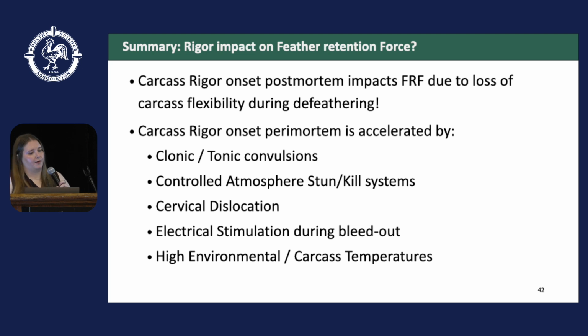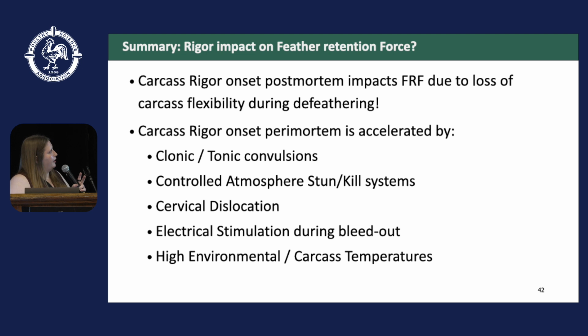So finally, just in summary, carcass rigor onset impacts feather retention force due to that carcass flexibility being lost. The carcass rigor is accelerated by those clonic-tonic convulsions. Again, we didn't find any difference in stunning and how the 2 stunning methods impact feather retention force.